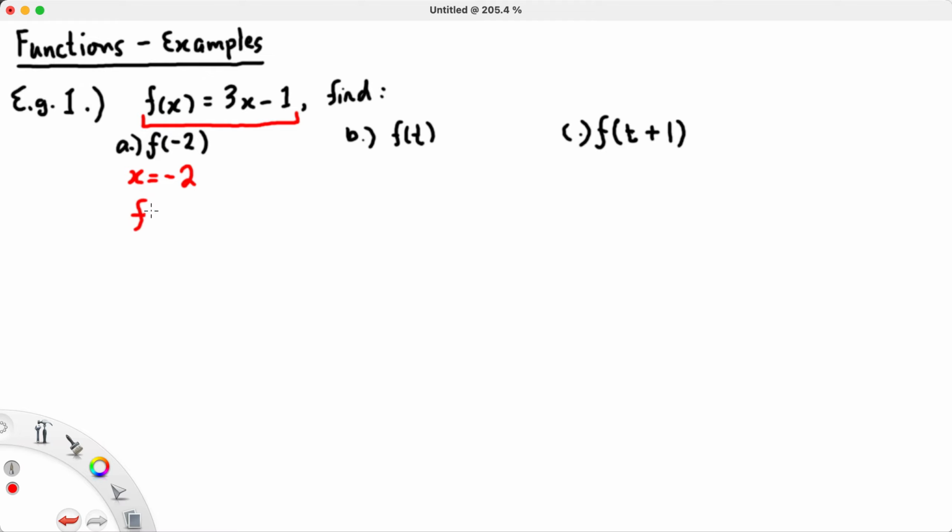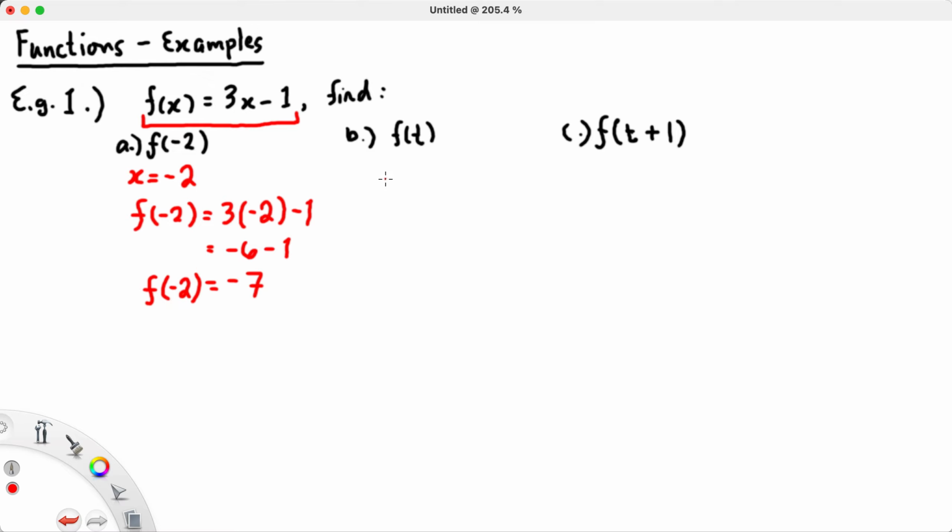So f of -2 will be equal to 3 times -2 minus 1. So we do the arithmetic: -6 minus 1. They have the same sign, so we add, and what we'll have here is -7. So that's your f of -2.